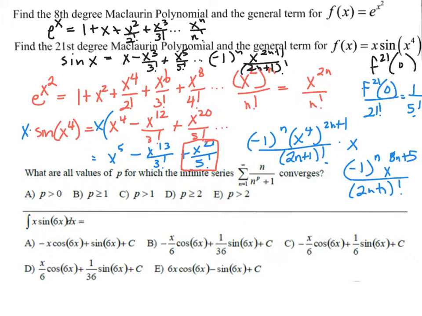If I want to find a coefficient, specifically in this case the 21st power, the way we've always done this in series is we take the nth derivative divided by n factorial, and that goes with the x to the nth term. So when I say I want the 21st derivative, I need to look at the coefficient on the x to the 21st term, and it was 1 over 5 factorial. So the answer here, when we multiply, is just 21 factorial divided by 5 factorial. That is the value of the 21st derivative.